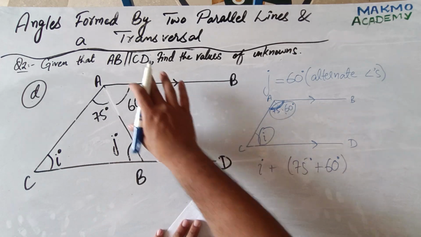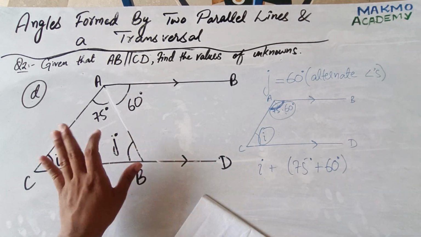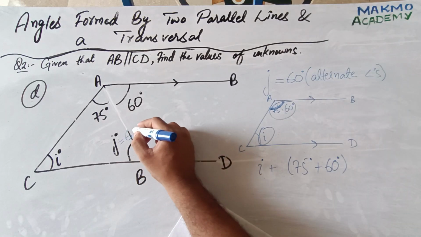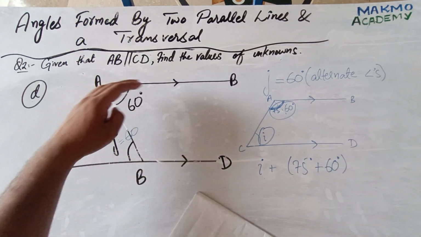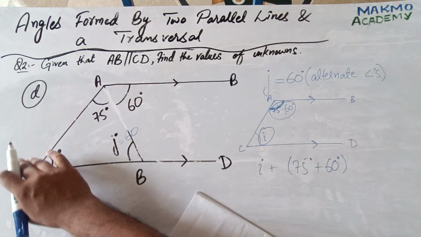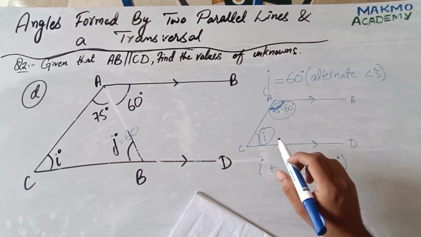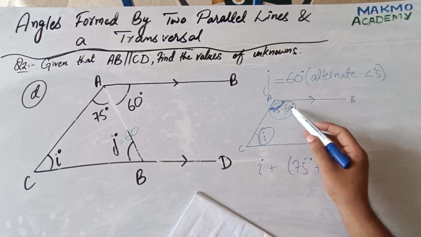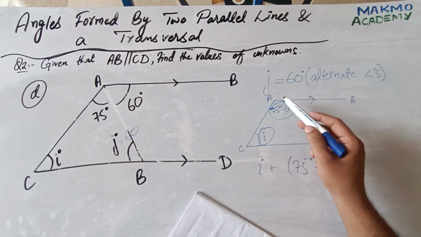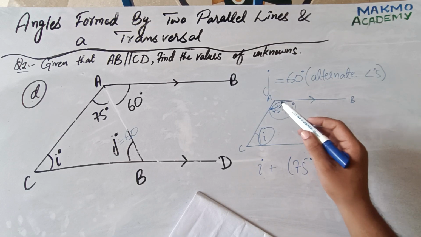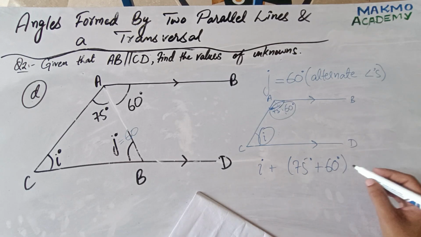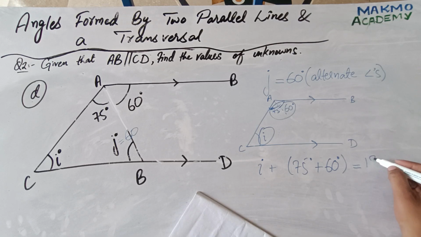Now we have found J is equal to 60, but now we proceed to find letter I. Letter I and 75 and 60 all together make the upper arm of letter C, and the sum of these two angles according to interior supplementary angles is equal to 180 degrees.